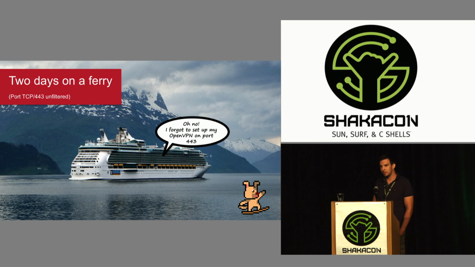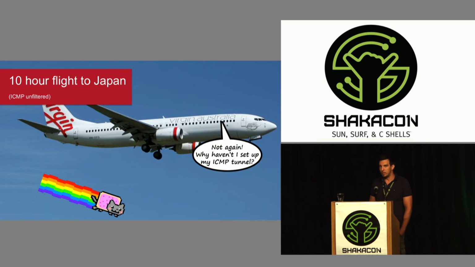And I poked around. I realized that port 443, which is HTTPS, was unfiltered, but I hadn't set up any OpenVPN on that port, so I couldn't do tunneling. So I was screwed again. Next time, I went to Japan from Hungary, which is about a 10-hour flight.